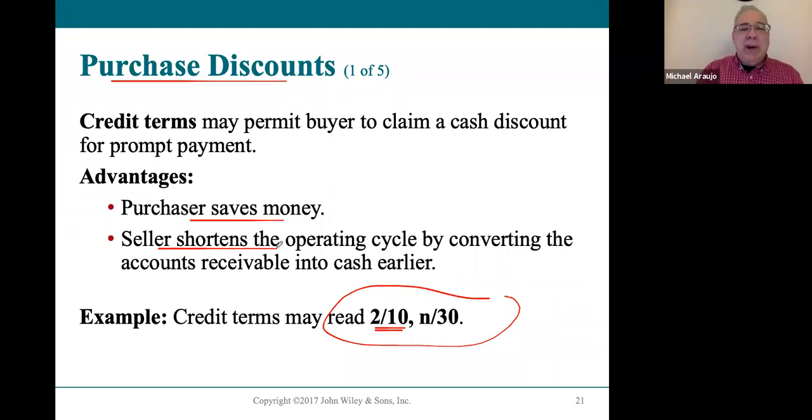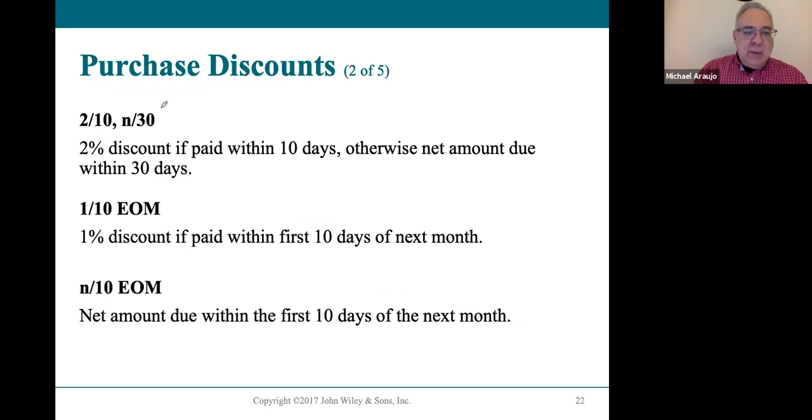They're getting their cash quicker. So it's a win-win to provide other businesses that you do business with incentives to pay early, like a purchase discount. The most common one you'll see, and in the book as well, is 2/10, net 30. There are others as well, but this is the one that we tend to use the most.